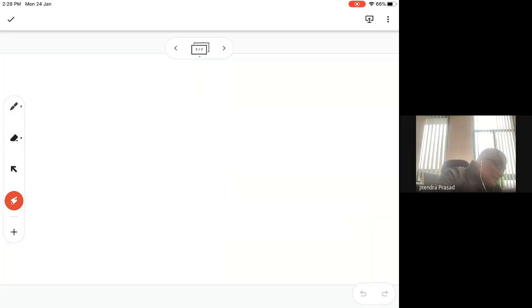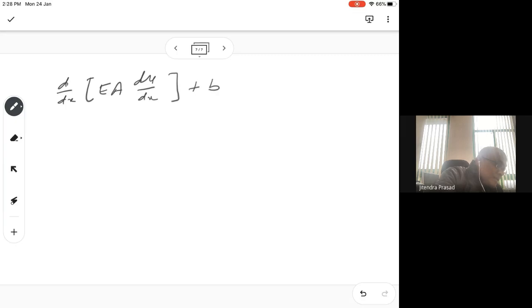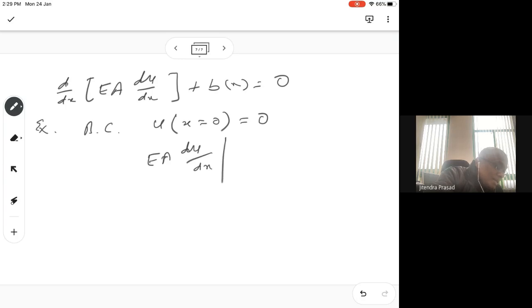Okay. So finally, you can summarize your equation becomes d over dx of EA du over dx, plus bx equal to 0, where we understand that E can be a function of x, and A can be a function of x, subject to boundary conditions. For example, u at x equal to 0 is equal to 0, and EA du over dx at x equal to L is equal to F naught.